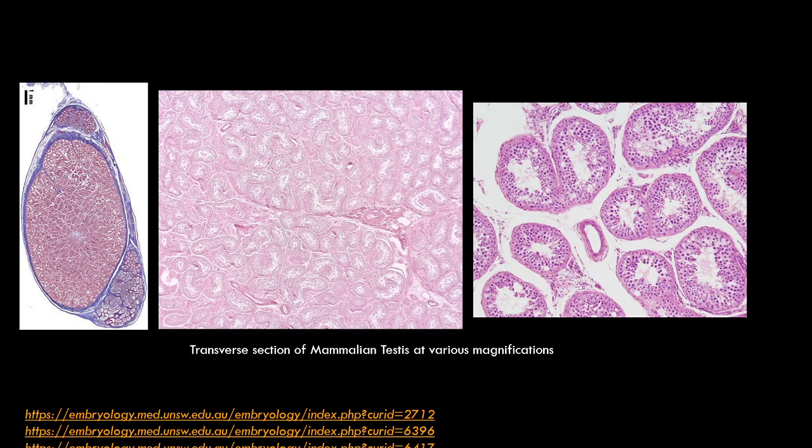If we look at this at higher magnification, you can see these are the seminiferous tubules present in the lobule form, and on magnifying it more, you can see this is the inside structure of one seminiferous tubule. Because these are in section, they are circular or ellipsoid in form. As you can see, the seminiferous tubules on the inside have a cavity, which is the lumen.